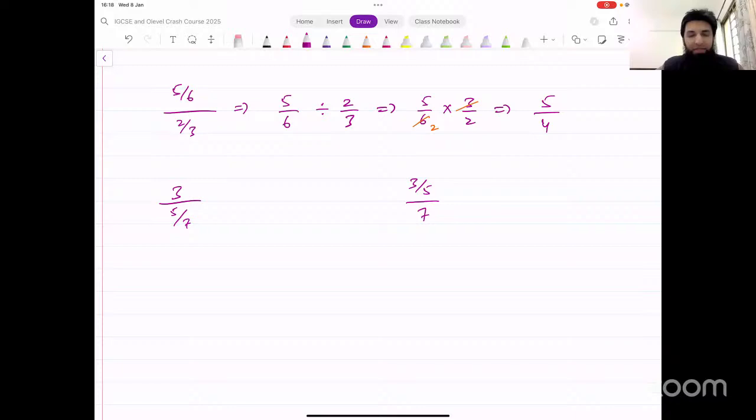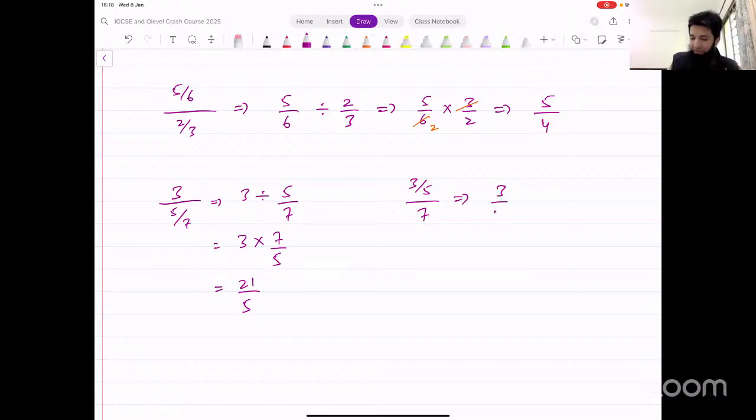So the first one gives us 3 divided by 5/7, right? And then we can write this as 3 into 7/5, and that gives us 21/5. That's the first one. And what about the second one? This is different.